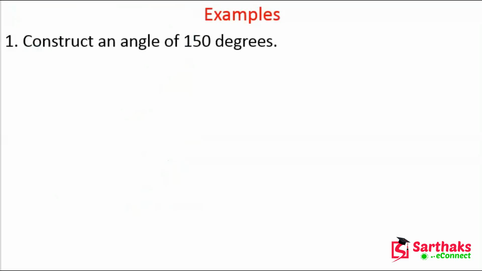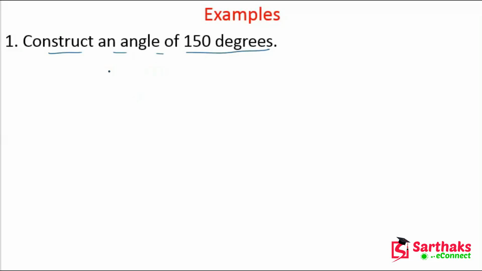Okay, so now my dear friends, let's do some questions. Construct an angle of 150 degree. We don't know how to construct a 150 degree angle directly with the help of compass, though we can easily draw it with a protractor.